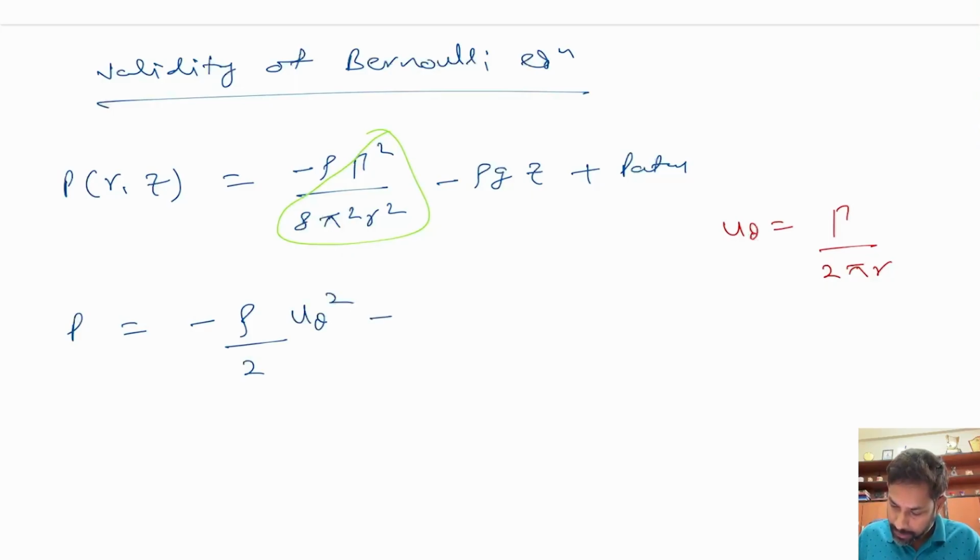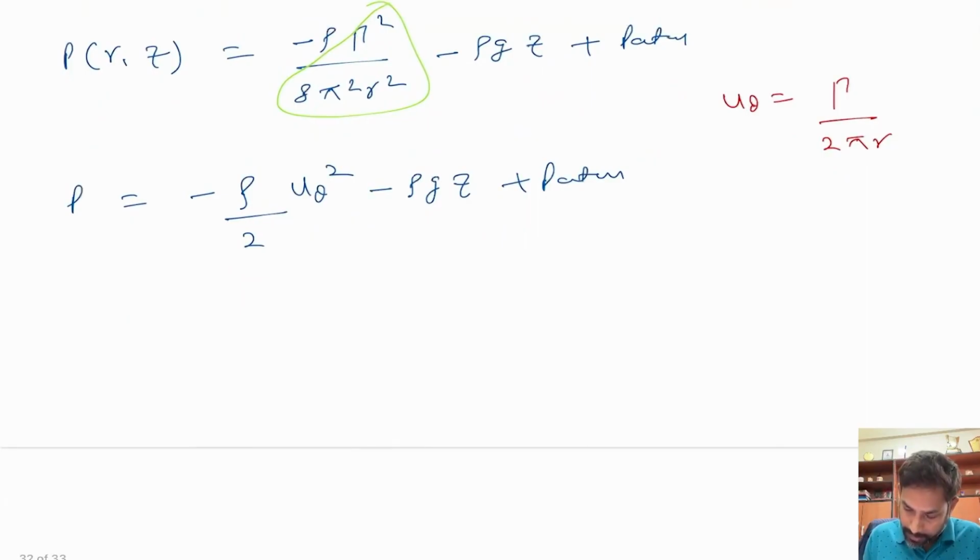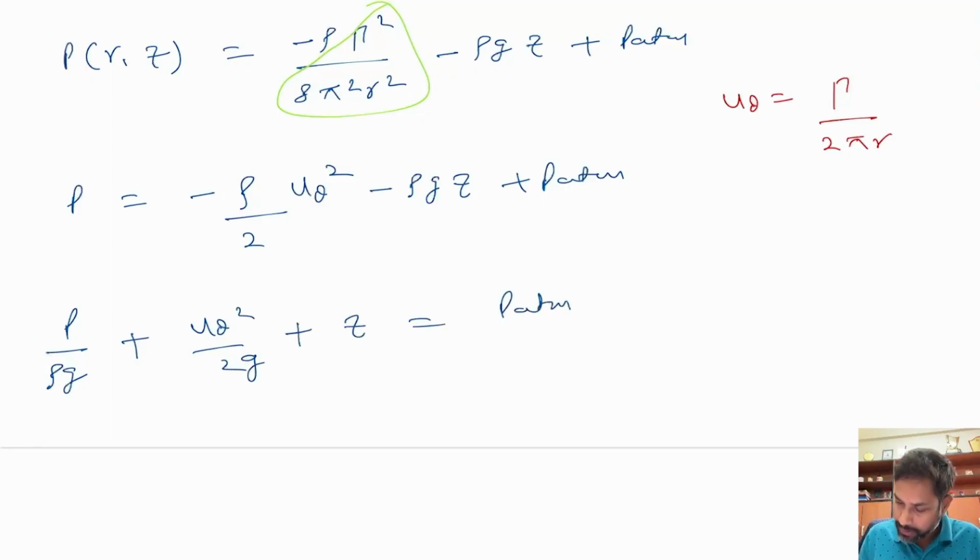minus rho g z plus p atmospheric. Okay, now if we bring these two terms this side, so P and also divide it by rho g, that will give us P by rho g plus u theta square by 2g plus z is equal to P atmospheric over rho g, right?